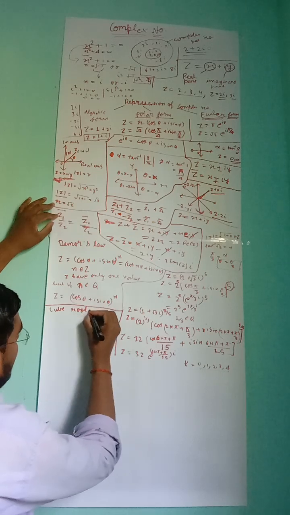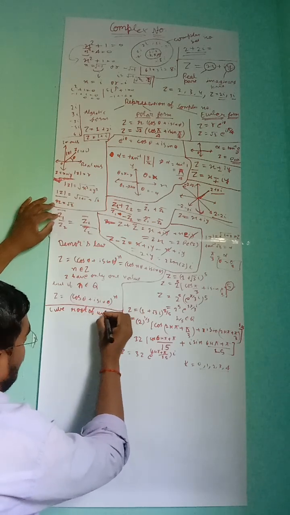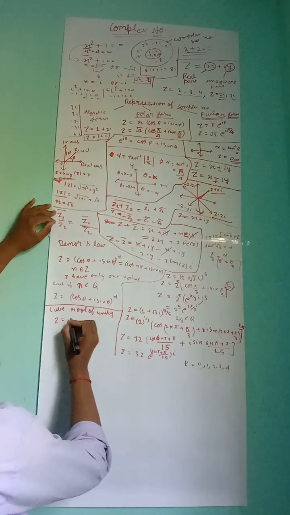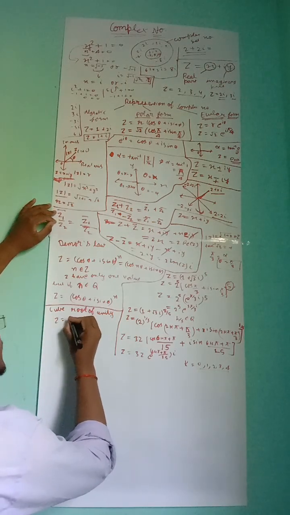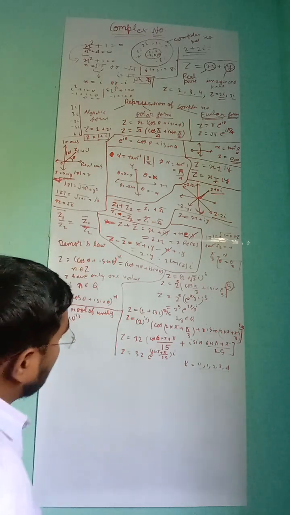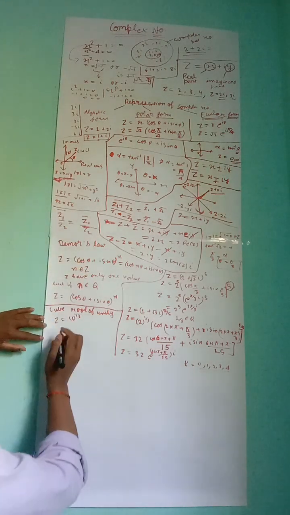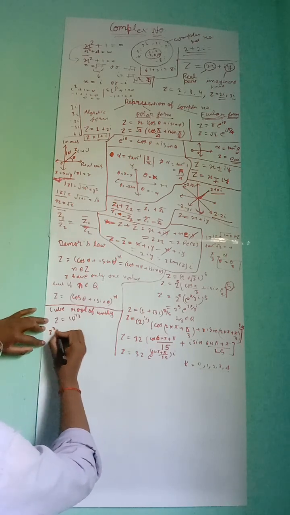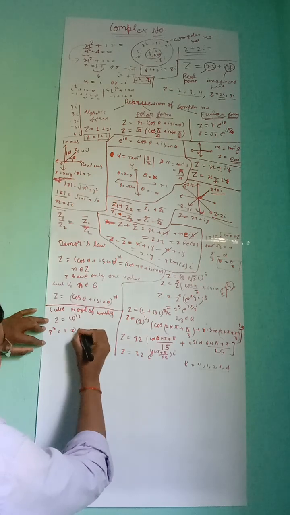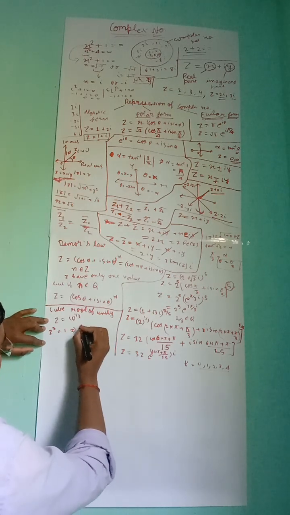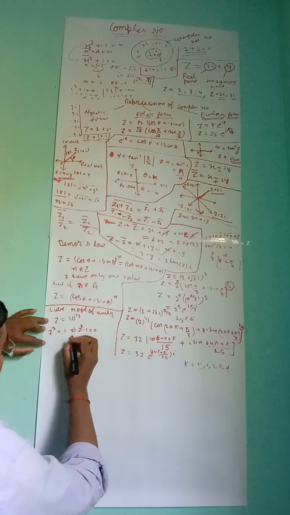Cube root of unity. So for cube root of unity, z is equal to 1 power 1 by 3. So z cube minus 1 is equal to 0.